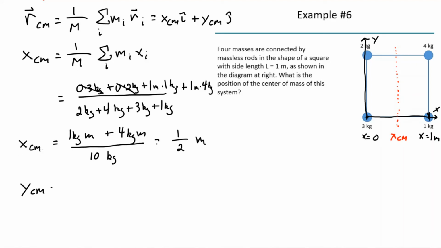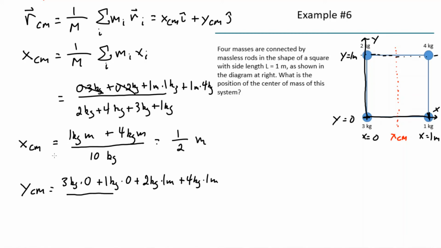Y center of mass is going to equal, well, this here is y equals 0, and this here, that line is y equals 1 meter. So y center of mass is going to equal 3 kilograms times 0 plus 1 kilogram times 0 plus 2 kilograms times 1 meter plus 4 kilograms times 1 meter.